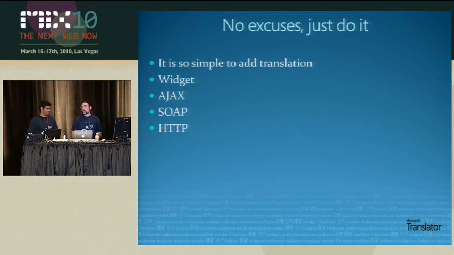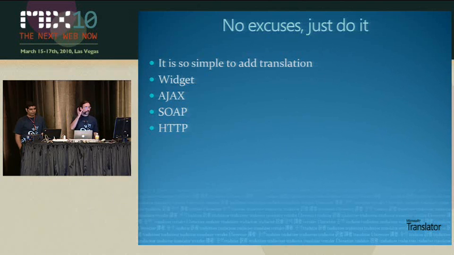So, if you want to just take the real simple route, just get your whole page, the whole site translated, just add the widget. If you want to specify which particular areas, but you don't want to go too detailed, use the Ajax API, just a bit of JavaScript. You can specify which divs will get translated.